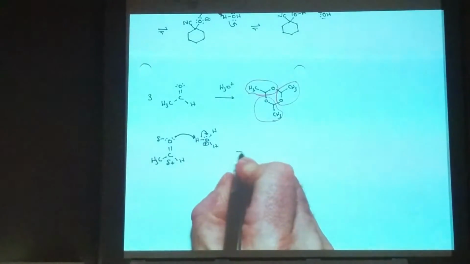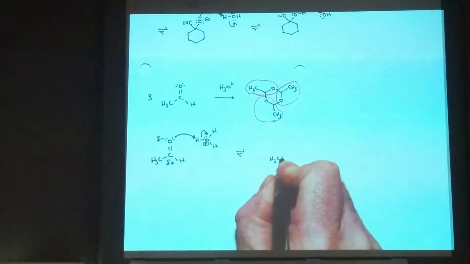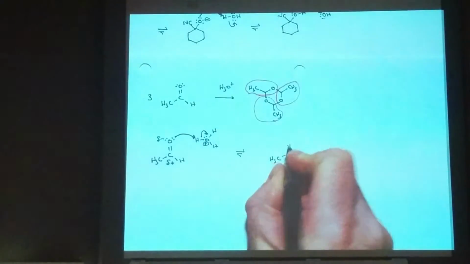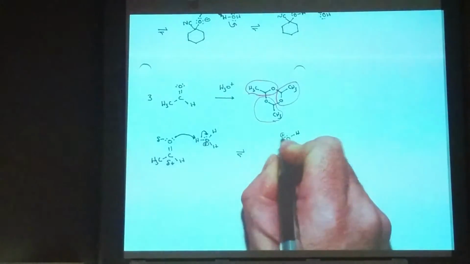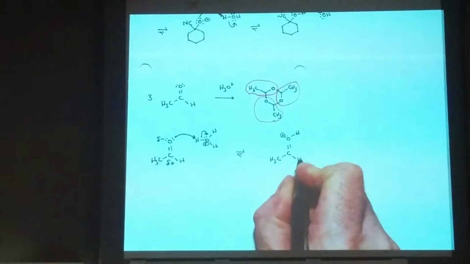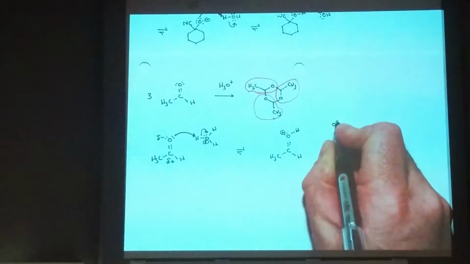That's not so important. But the other product that we get is a resonance-stabilized cation. Following the arrows, following the electrons, all I did was I made an OH bond. And of course, I got my water.